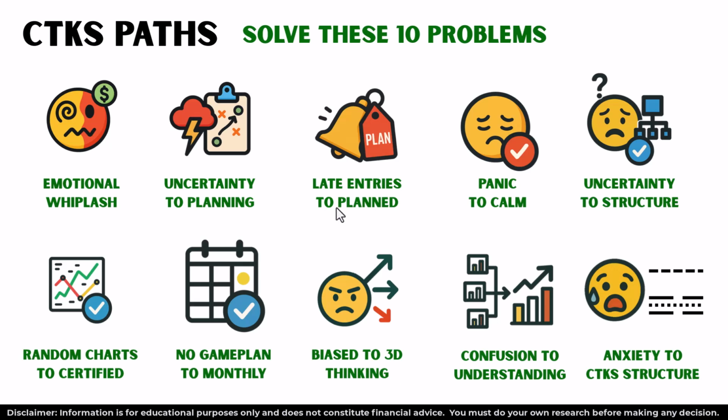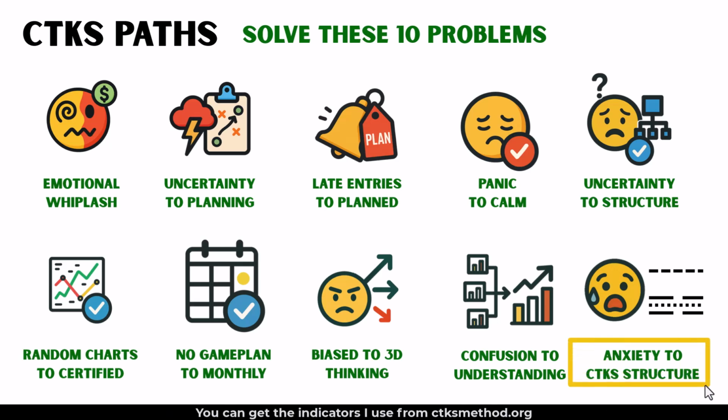If you're sick of late entries and want planned entries, if you want to move from panic into calm, if you want to get rid of uncertainty and move into structure, if you want to understand what's moving your money charts, the charts that you actually trade and invest in, you'll find the CTKS structure will relieve your anxiety.